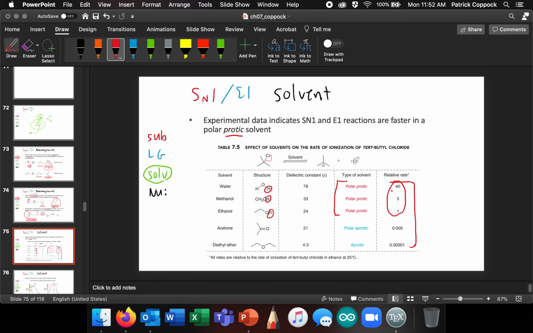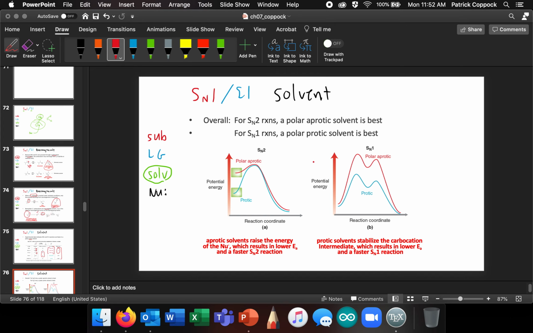The relative rate is 45 to 1 compared to 5/1000ths. So this is substantially faster in a polar protic solvent. And just a comment about the dielectric constant, it doesn't so much matter how polar they are as much as the big difference comes from the fact that they're protic.